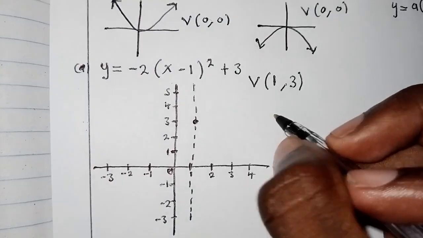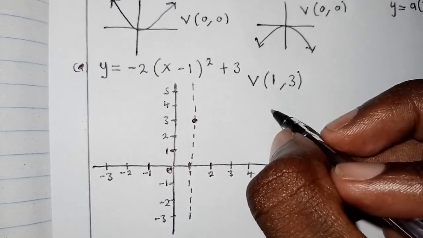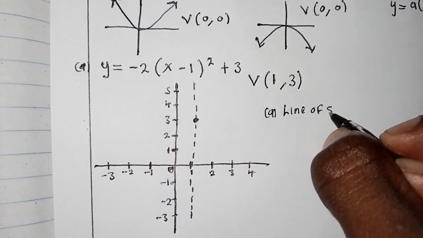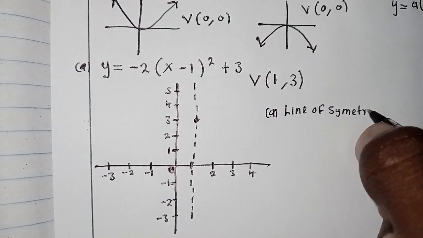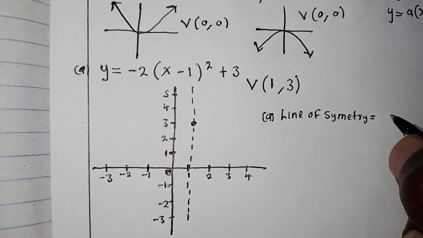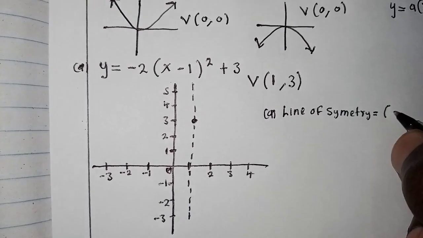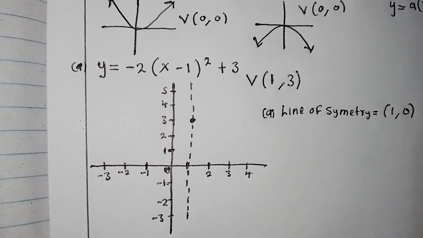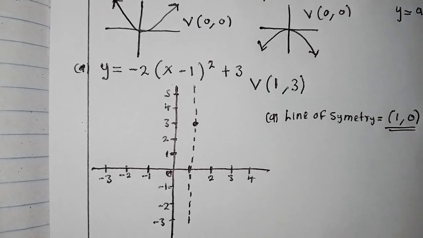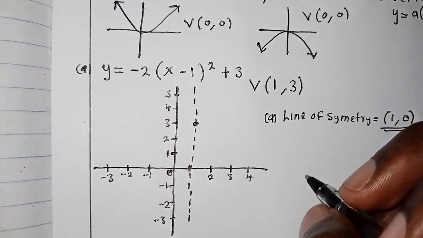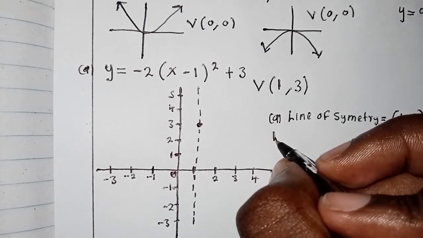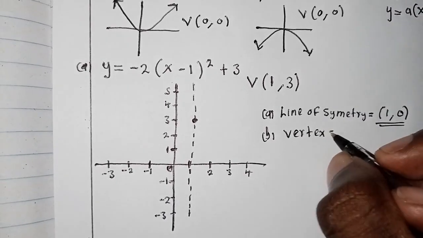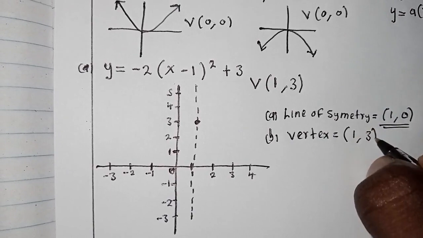So from here, we can say that our line of symmetry is at x equal to 1, and the vertex, which is B, has been found to be 1, 3.